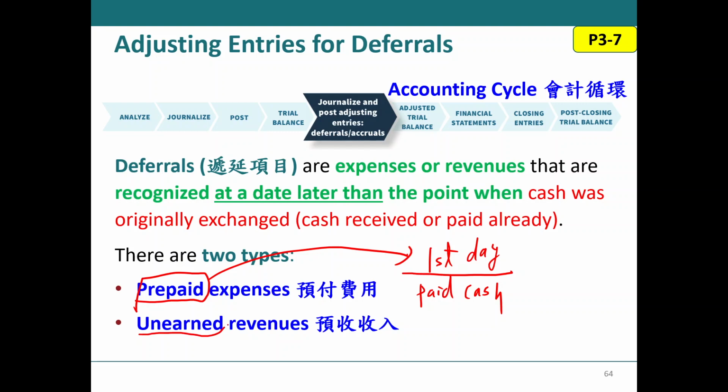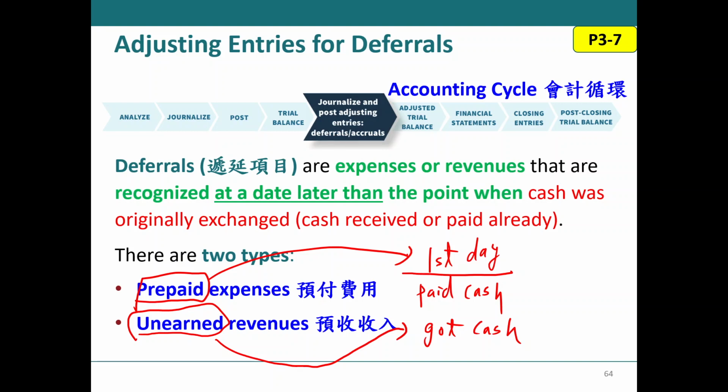Unearned revenue, the keyword is unearned. What does it mean? On the first date, you got the cash. If you still remember, everything about the cash, we always record it at the beginning.